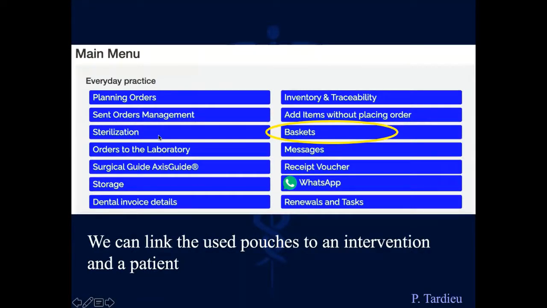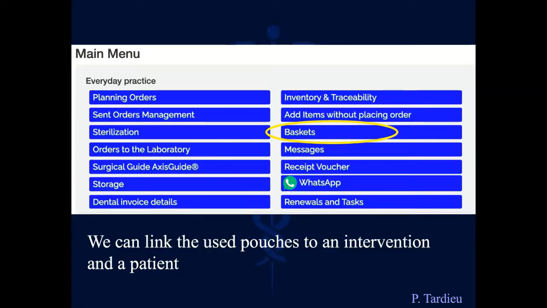So now you know how to edit a pouch, edit the labels, select the used pouches. But what can we do when we select pouches? We have two options today. We can select and delete, first of all, but this will not be linked.